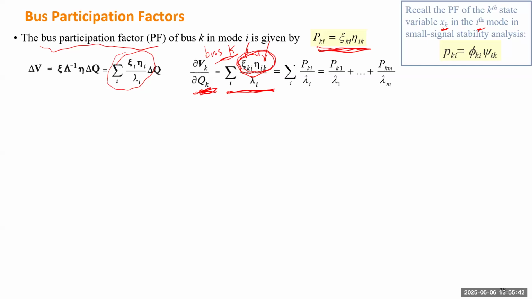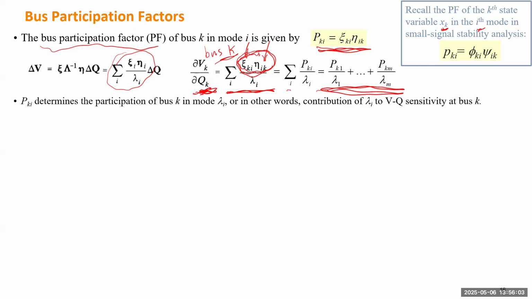Now we know the voltage at bus k change with local reactive power injection is equal to the summation of many terms, where each term is the participation factor of each mode at that bus divided by that eigenvalue.